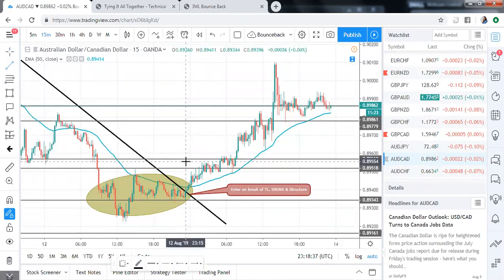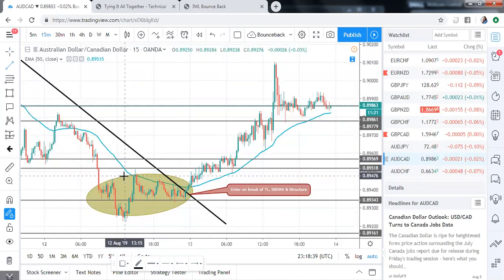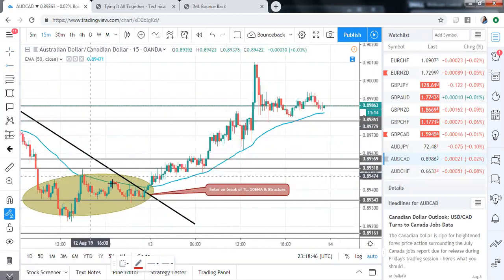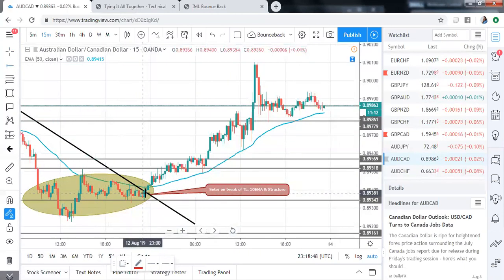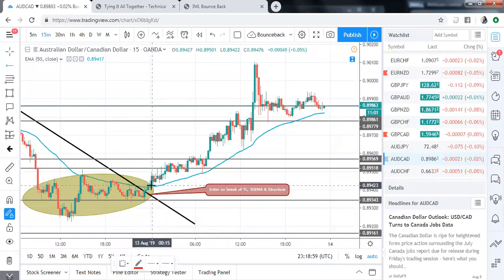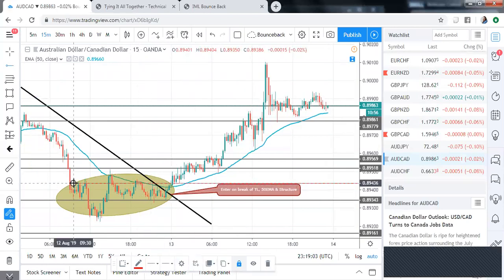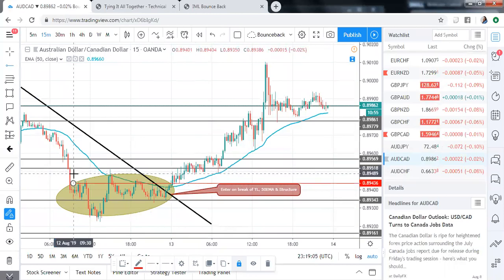So miniature support and resistance means that you're not actually coming here, because remember we want to buy on the break of the trend line, the break of the 50 moving average. So we want a solid body candle breaking the trend line, breaking the 50 moving average, and also breaking structure, right? This is structure here, where you see those red lines.